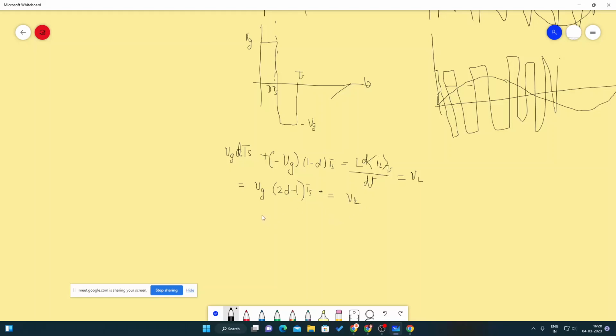The Ts will cancel because we have to take the average, one by Ts. So basically VL by VG equals 2d minus 1.